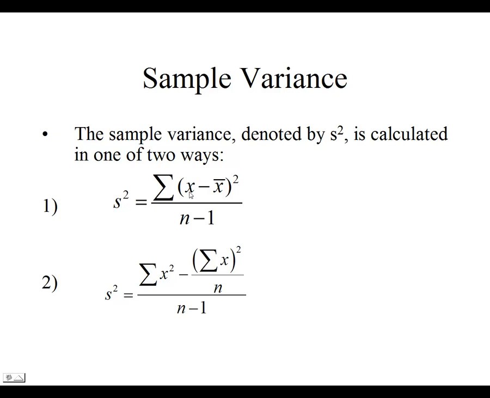So for each data point x, we're going to subtract it from x bar, and if you recall, x bar is the sample mean. We're going to take each value and square that, and then add all of those up. At the end of all that, we're going to divide whatever that total number is by n, which is the total number of data points, minus 1. This is known as degrees of freedom.